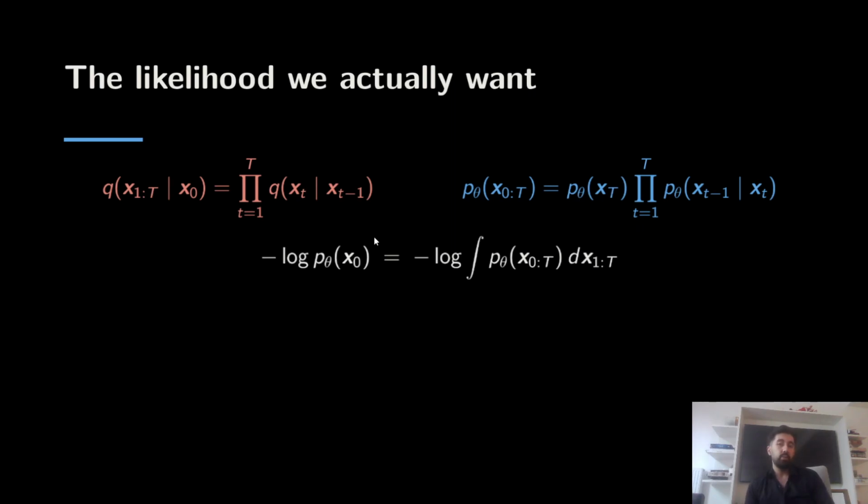Now we have a learning objective. We have a pure noisy image xt, and we want to get a normal image x0.